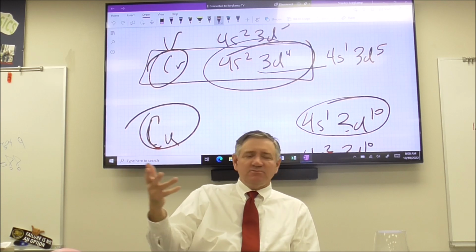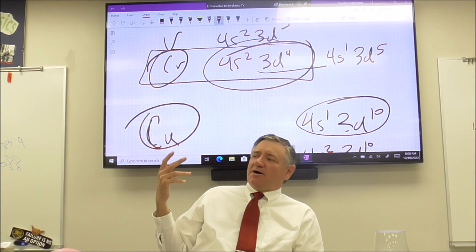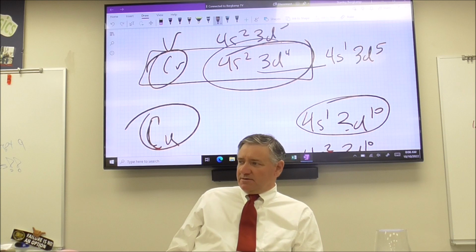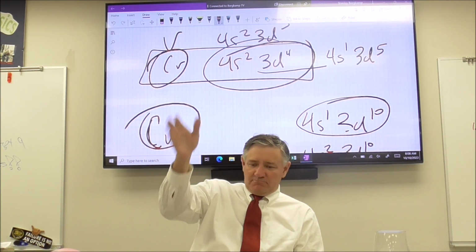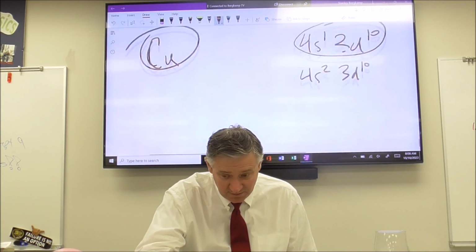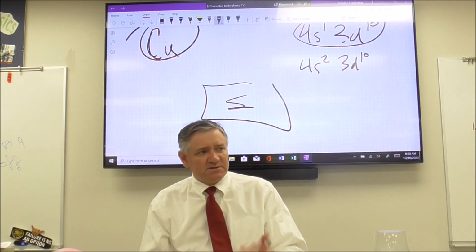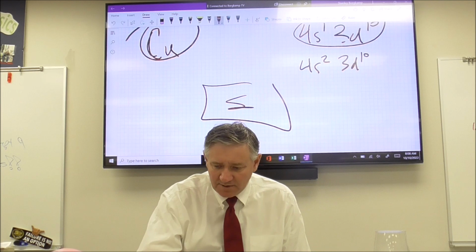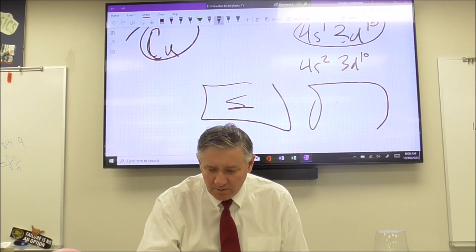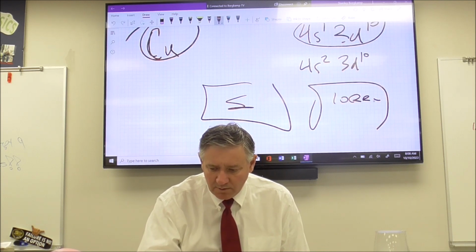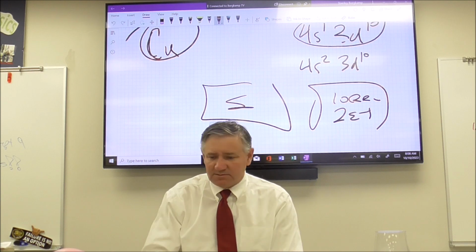If you're a visual kind of person, get a 3x5 index card and write, okay, if this is how you learn, you can come in here and write, okay, on one side write the S sublevel. On the other side of that card write, oh, that holds 1 orbital and 2 electrons.